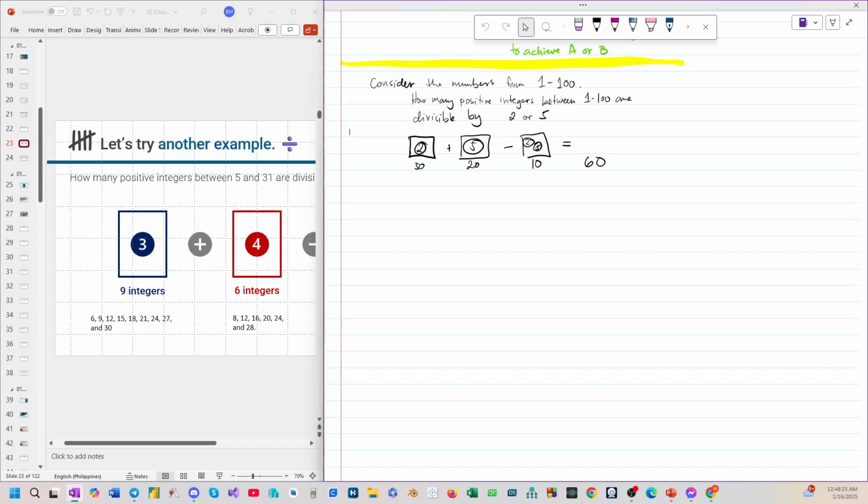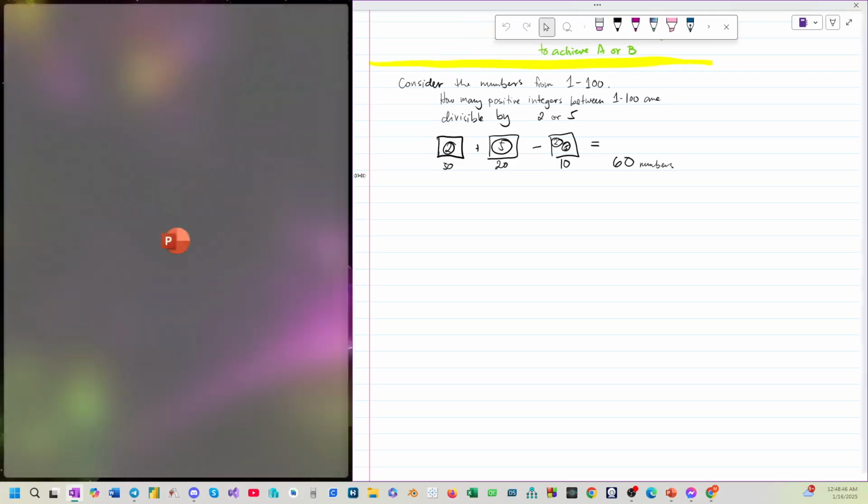So you have 60 numbers divisible by 2 or 5. Does it make sense? So what is common between the two of them, that is what we subtract.